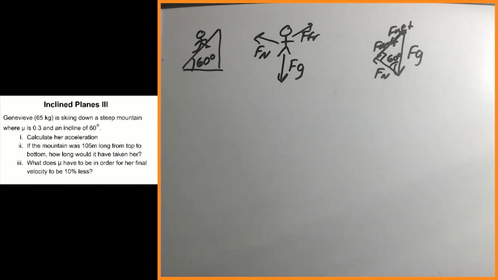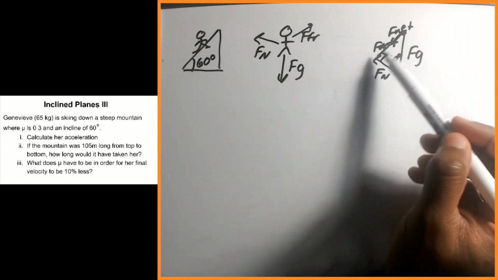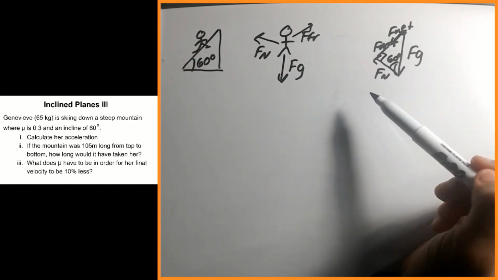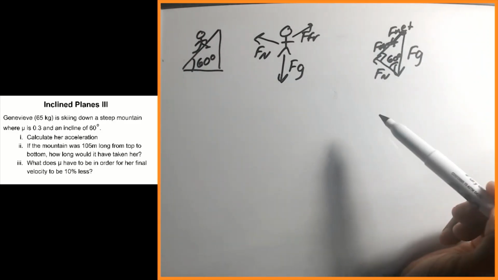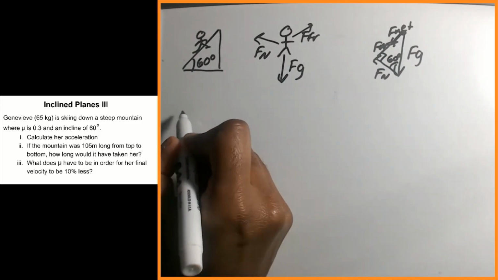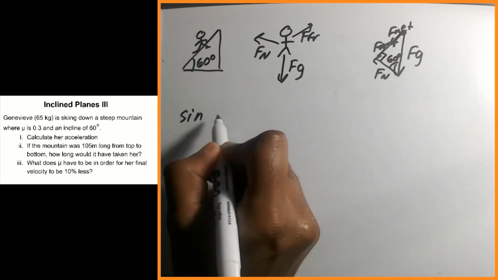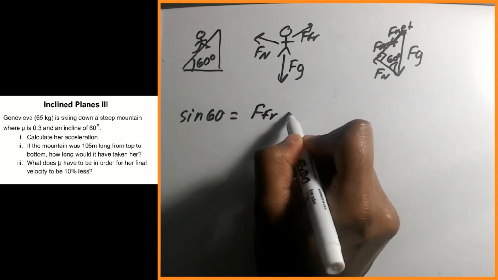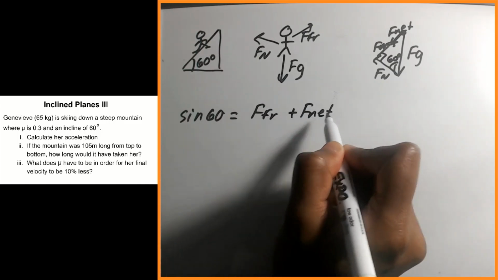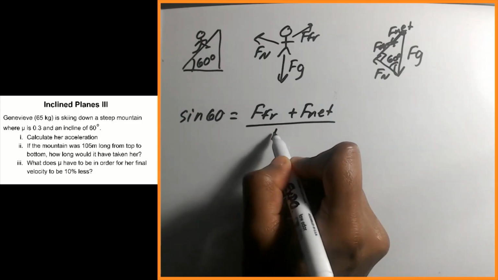All right, so let's go ahead and solve our final question. So this one's asking, what does mu have to be in order for her final velocity to be 10% less? So we're solving for mu, so what we want to do is, first off, find out what friction is equal to. So remember, just like we solved for acceleration using FNet, we can use that same expression, which is sine of 60 is equal to friction plus FNet all over FG.